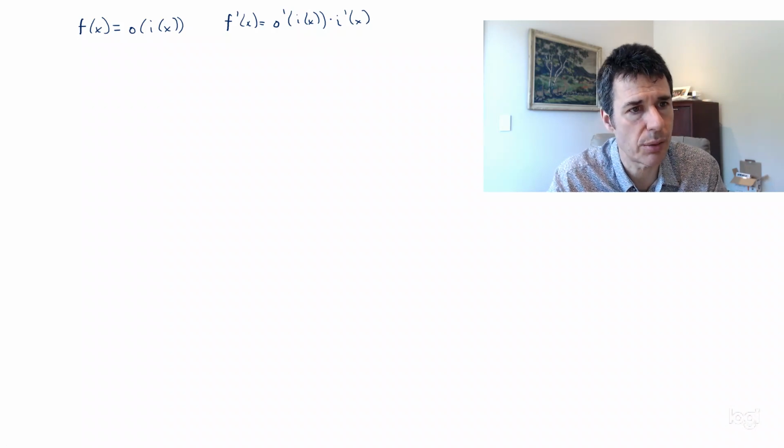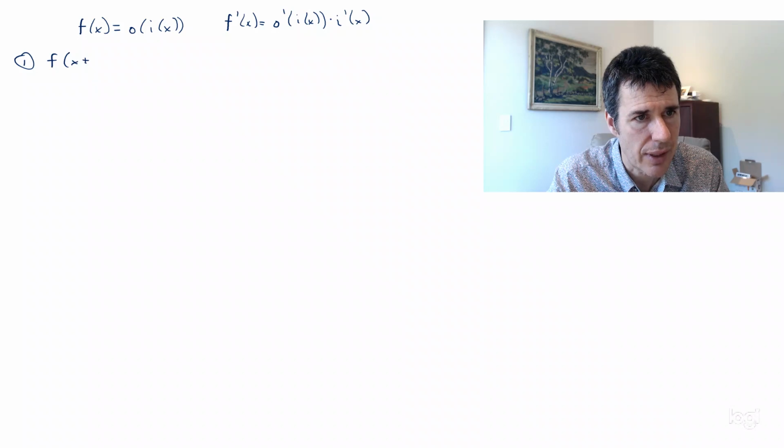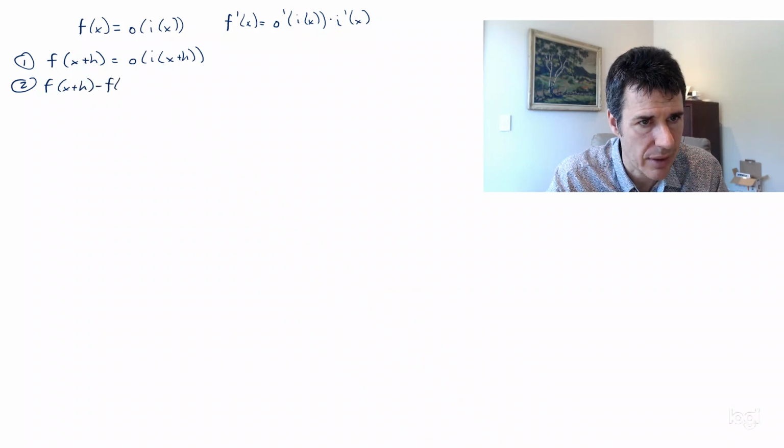All right, so let's go through our four-step process. Step 1, find f of x plus h. That's O of I of x plus h. Step 2, f of x plus h minus f of x. So far, nothing too exciting.